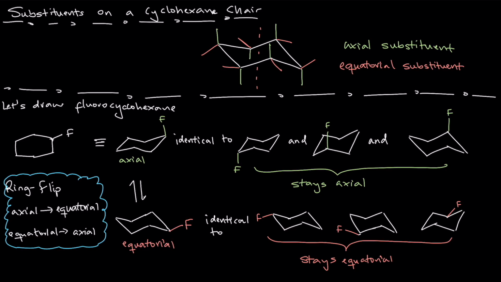So that's the definition of a cyclohexane ring flip. If you see two orientations in which the substituents stay in their axial or equatorial position, you have not done a ring flip. You've just changed your perception of how you're looking at that same molecule. Okay? So that would just be identical molecules oriented in different ways.